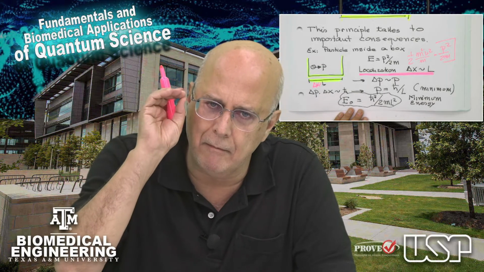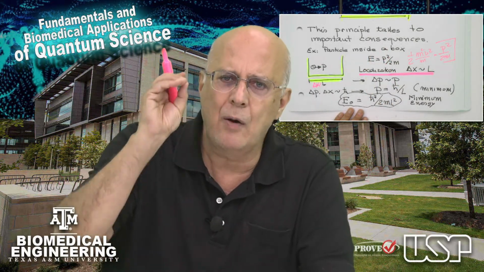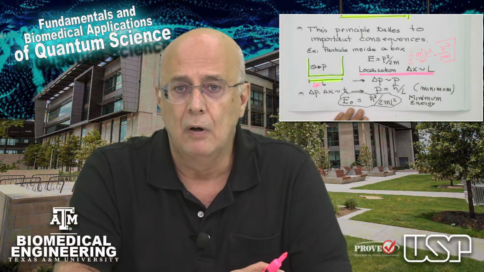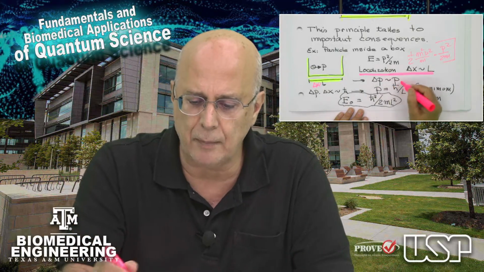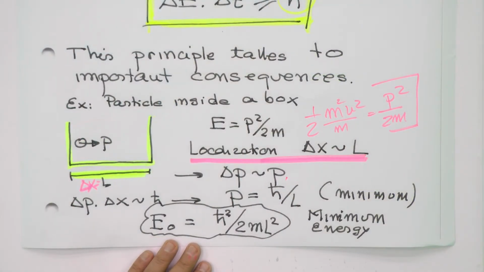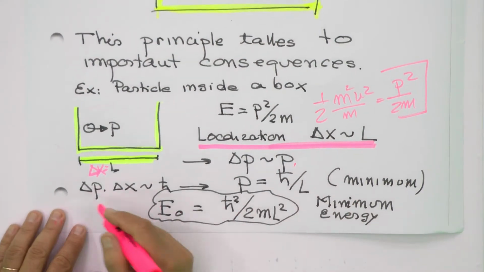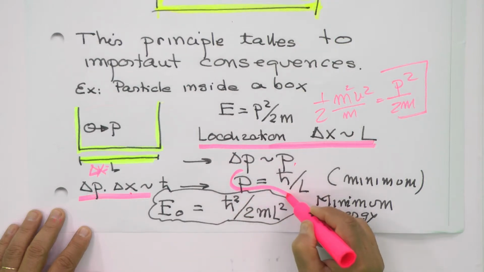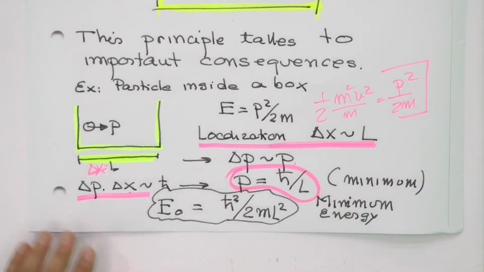If I want to go to the minimum energy, the minimum momentum of the particle, how is delta P? Well, delta P has to be on the order of P. In this case, if I apply the uncertainty principle, I get that this is L here, delta P. I get that the momentum of the particle is basically h bar divided by L.